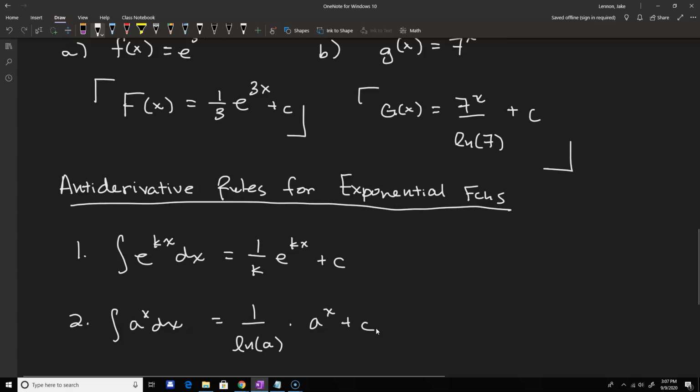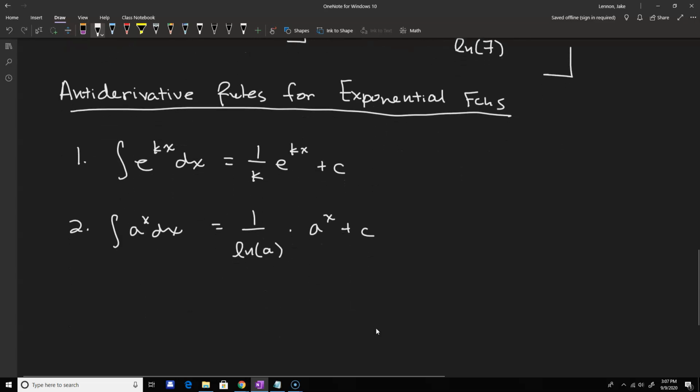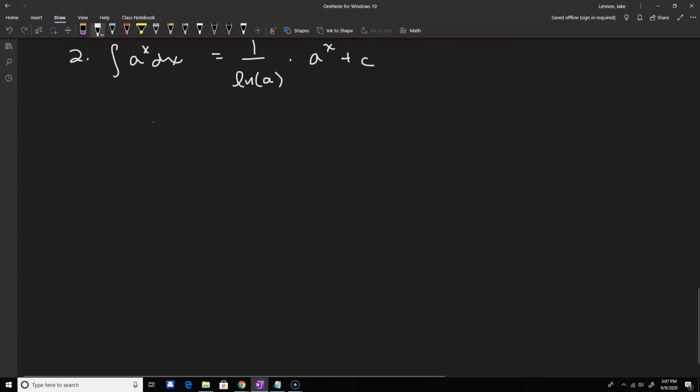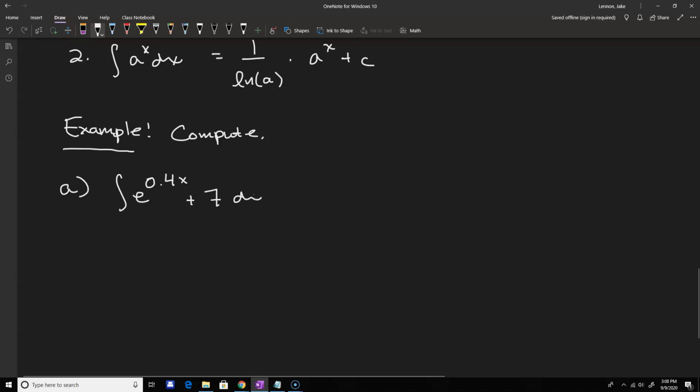Okay, so let's try a couple of examples, just reiterating these rules and using that new notation. Let's go ahead and compute the antiderivatives for each of the following. So A, let's say we have the antiderivative of e to the 0.4x plus 7 dx.